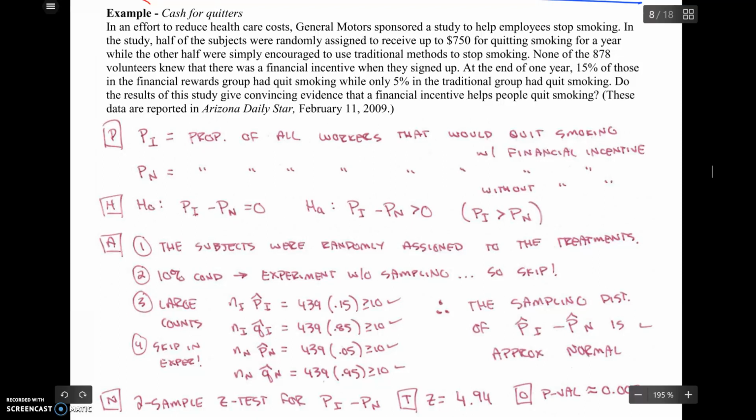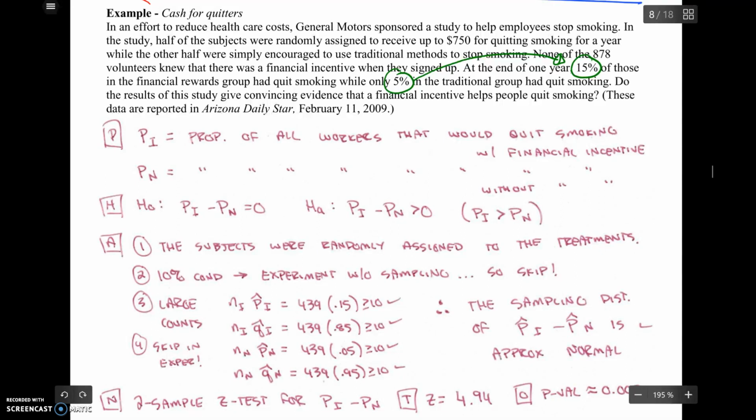None of the 878 volunteers knew there was a financial incentive when they signed up. At the end of 1 year, 15% of those in the financial rewards group had quit smoking, while only 5% in the traditional group had quit smoking. So it looks like the financial incentive was effective in stopping smoking. It looks like it tripled.